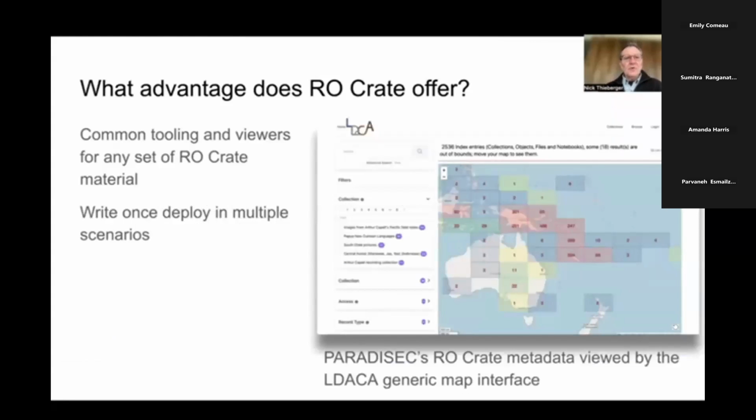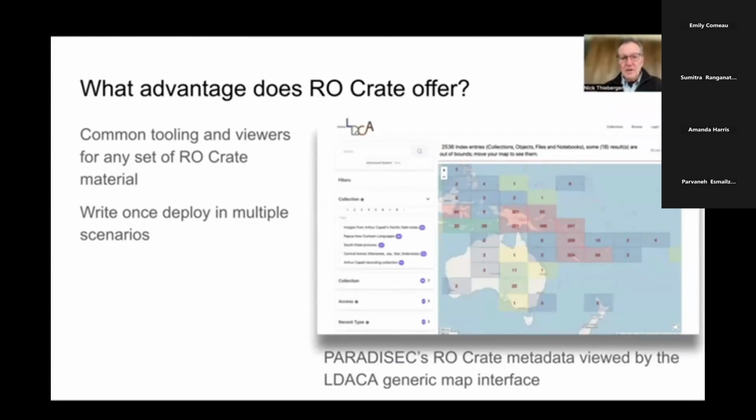So the great thing about RO-Crate is that it allows this common tooling and the viewers. So that viewer that we saw, it potentially could be used for other collections as well. The tools that we have for linking the audio to the transcript are there and available for anybody else who has an RO-Crate collection that wants to use them. There are geographic viewers.